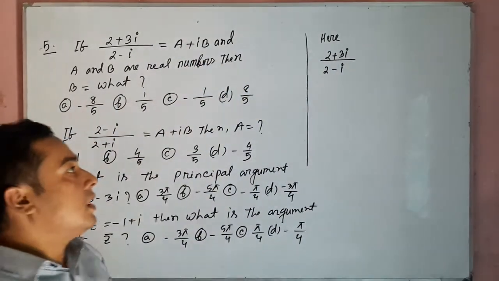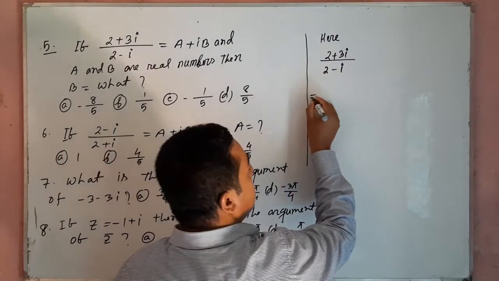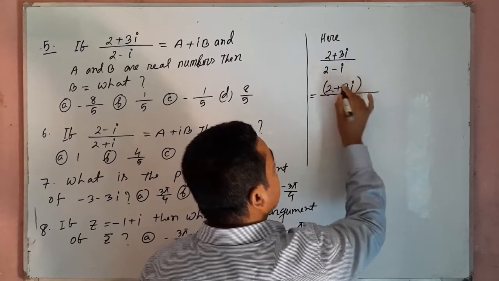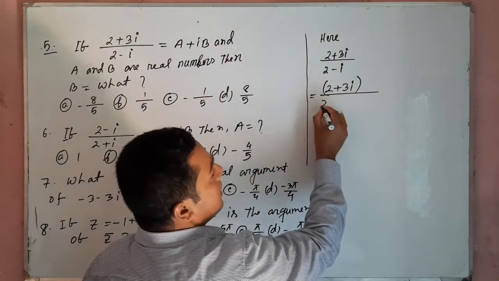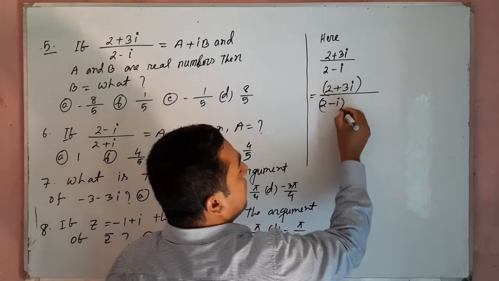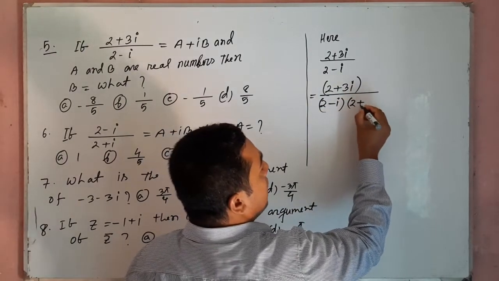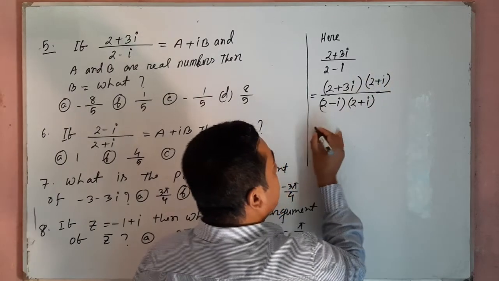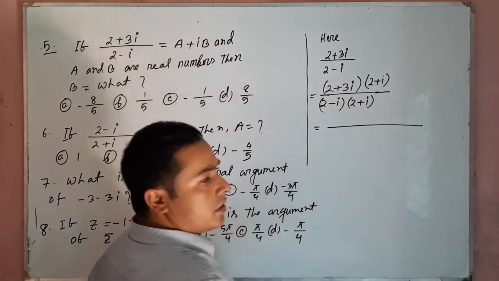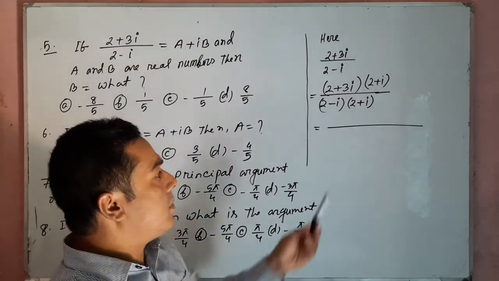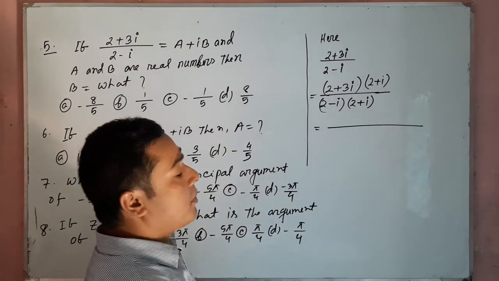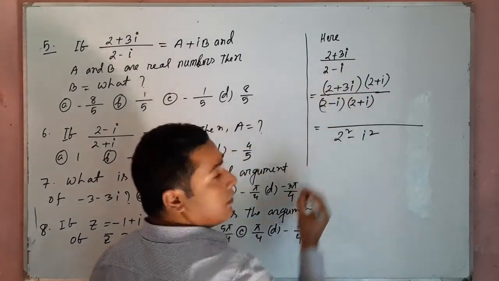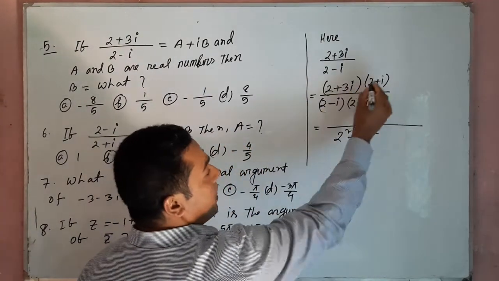So 2 plus 3i multiplied by 2 plus i, over 2 minus i multiplied by 2 plus i. In the denominator, by applying the algebraic formula (a plus b)(a minus b) equals a square minus b square.